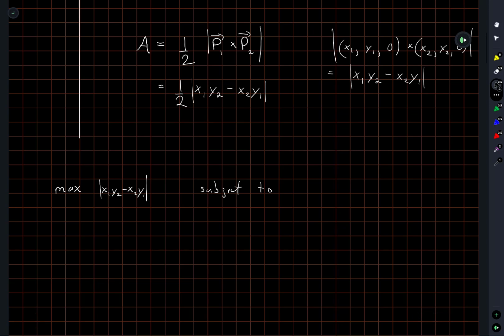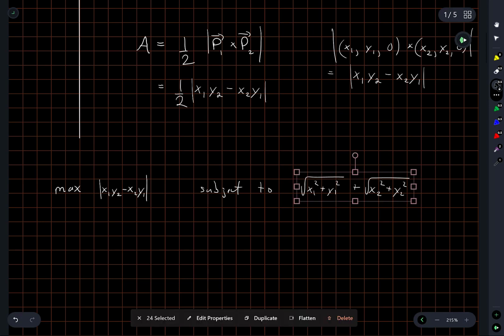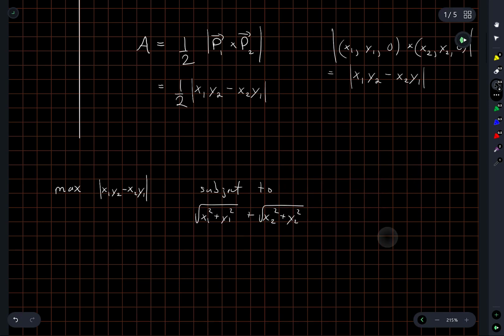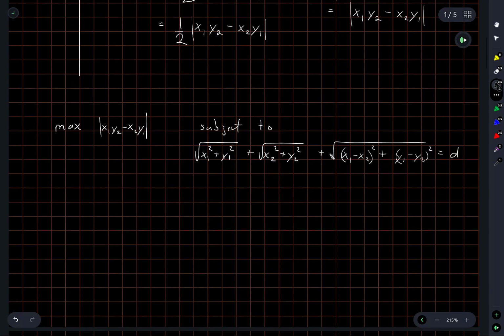Subject to the square root of x1 squared plus y1 squared, plus the square root of x2 squared plus y2 squared, plus the square root of x1 minus x2 squared plus y1 minus y2 squared, is equal to d.